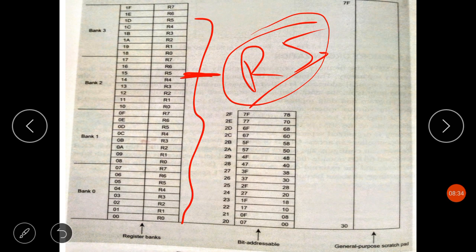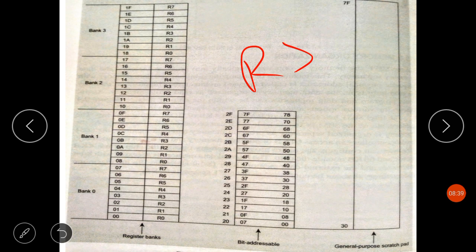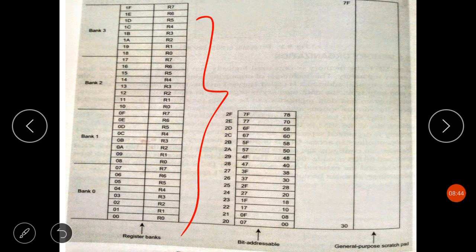Now, when addressing a register using its address, the bank may or may not be selected. It is not a mandatory criterion for the bank to be selected, because, for example, if I write 12H, what does it mean? 12H corresponds to the R2 register of bank 2.